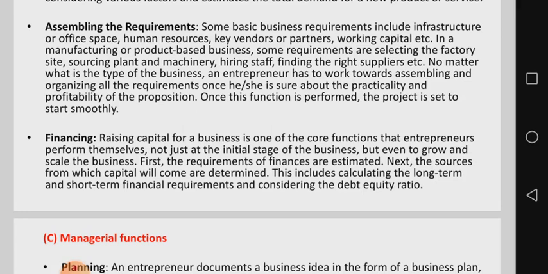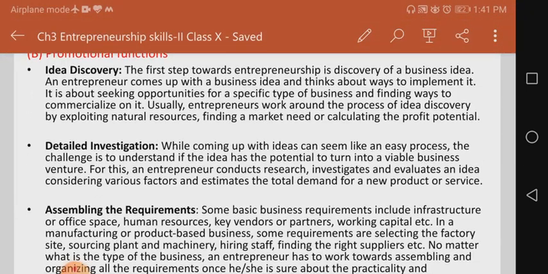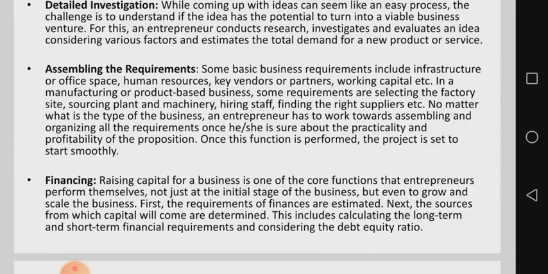Now, please understand this. If you have established that this idea will work for your business, then you will do the detailed investigation of that particular idea, whether it can be converted into practicality or not, how much money you can earn from it.